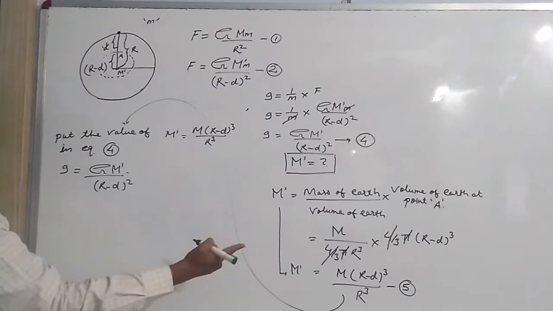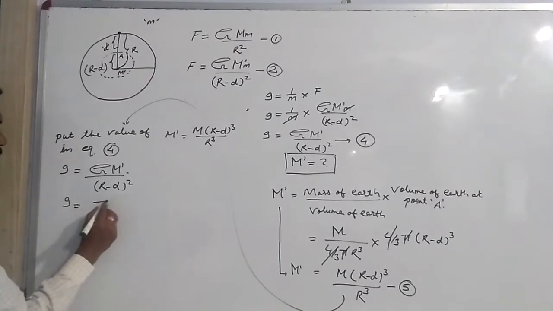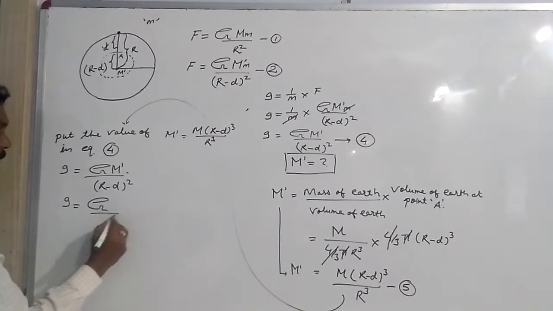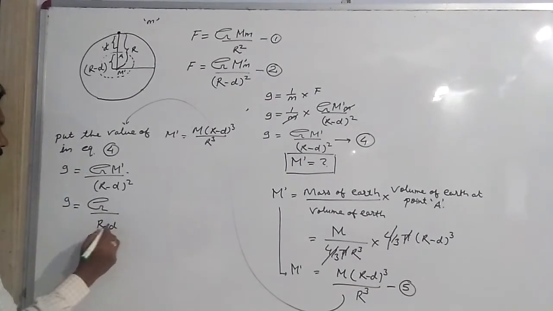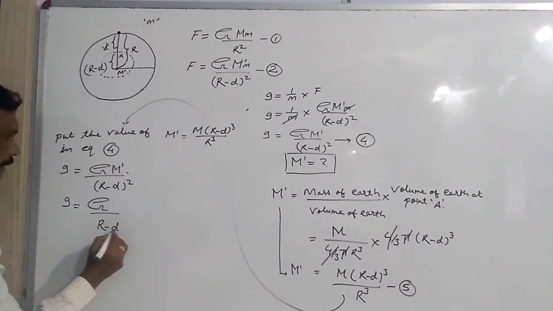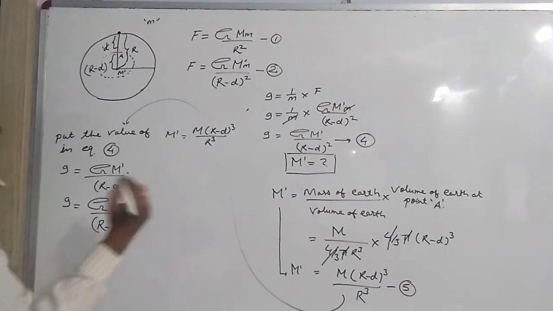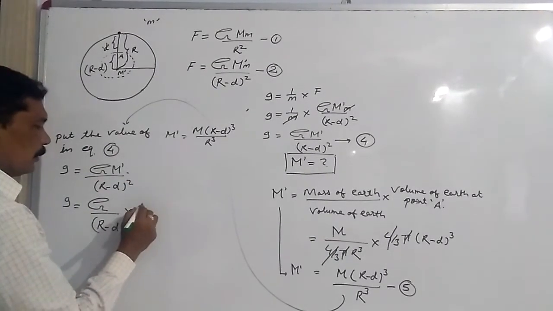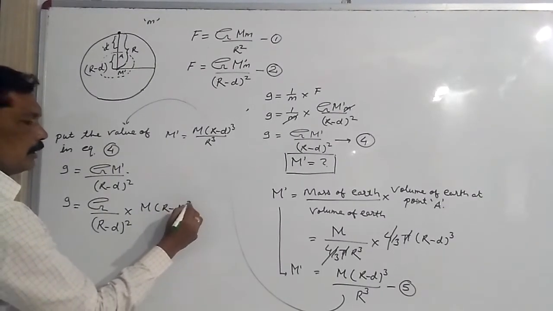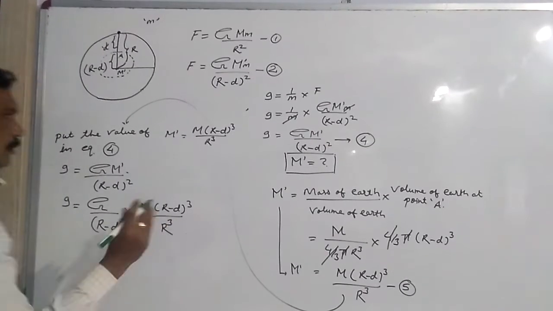Here we will put the value of M dash. g is equal to G upon R minus D whole square into M R minus D cube upon R cube.